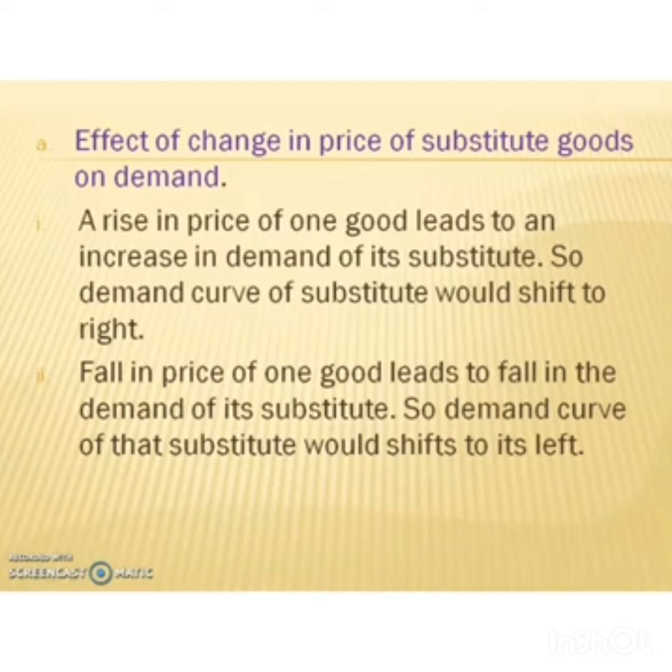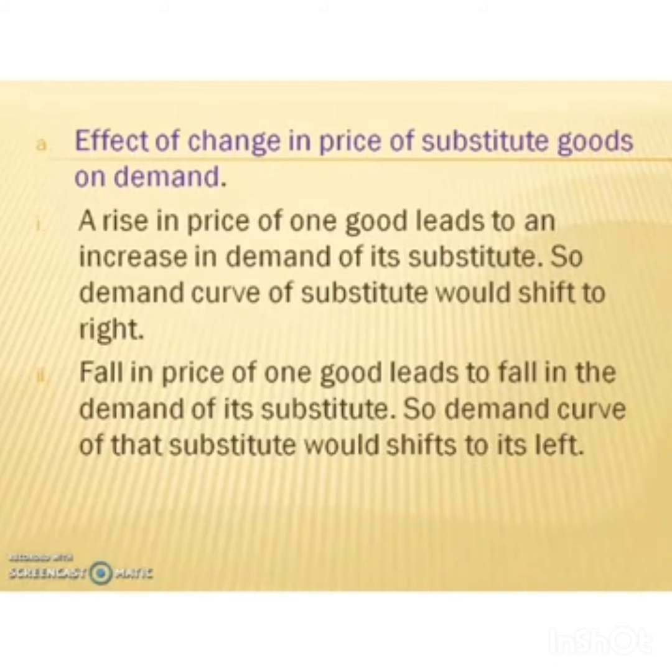This is because as the price of coffee rises, its demand falls, causing a rise in demand for tea. So if the price of coffee increases, what happens? The consumer will reduce the consumption of coffee and buy more tea. So demand for tea will increase, and the demand curve of tea would shift to its right.